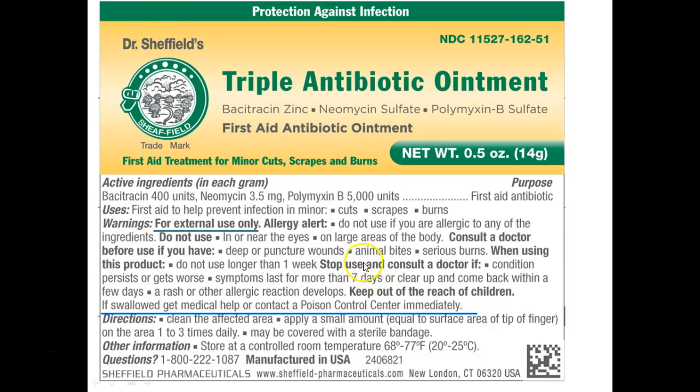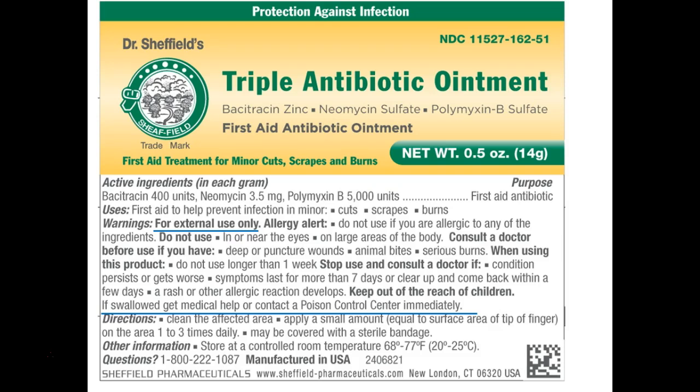Stop use and consult doctor if condition persists or gets worse. Obviously, if it's not getting better, these antibiotics aren't taking care of it. You may need something else. This isn't going to take care of everything, but it's going to take care of most things that we encounter, when we have a cut, scrape, or small burn.